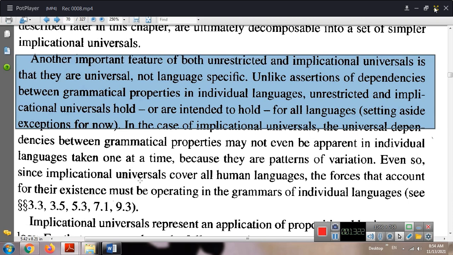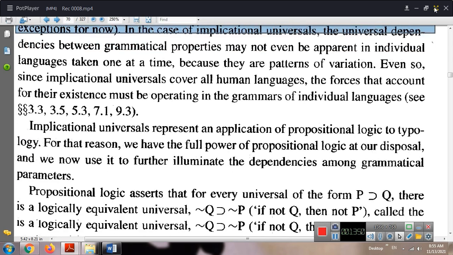Even so, since implicational universals cover all human languages, the forces that account for their existence must be operating in the grammars of individual languages.